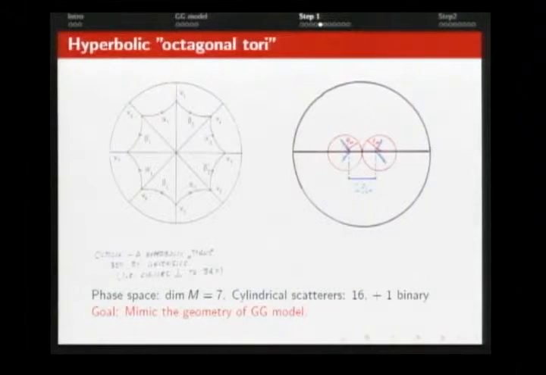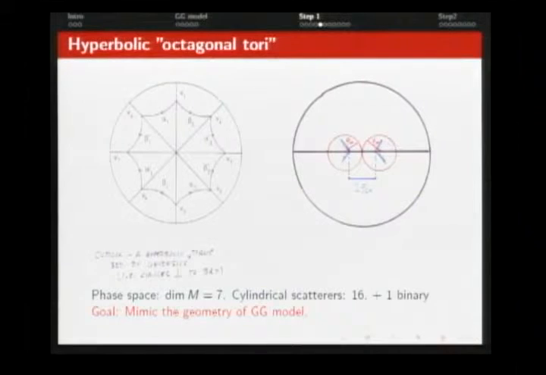And then you have two moving particles whose distance is 2 times rho critical, or a bit larger. So this would be a sort of paradigm model. In this case, the phase space is a 4-dimensional hyperbolic billiard, so the phase space is 7-dimensional, and so on.